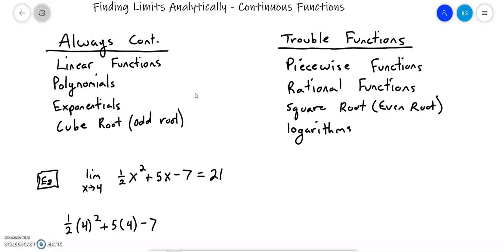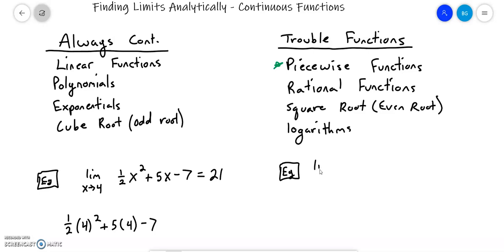I guess the one exception would be piecewise functions. We saw that in our last video, where the function value was one thing, but the limit didn't really exist. So piecewise functions are the exception to that rule, but if it's not a piecewise function, it's, quote unquote, a normal function. Then if you can get an answer, generally that is your answer.